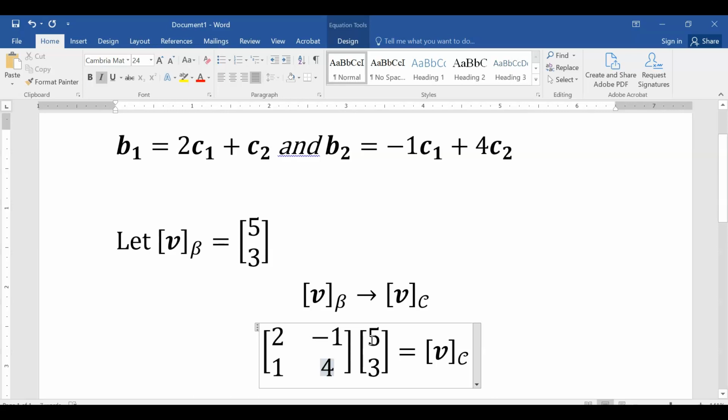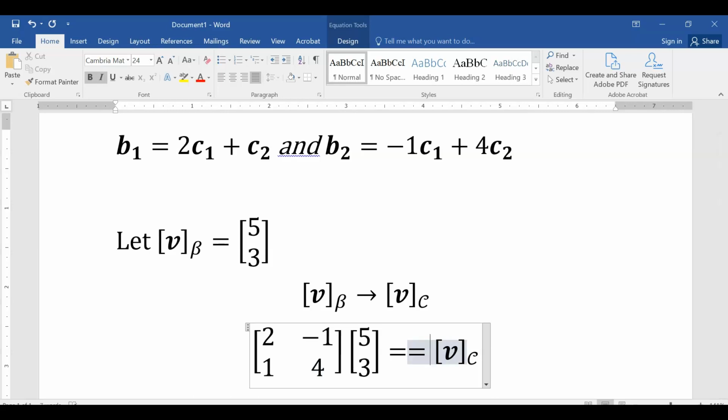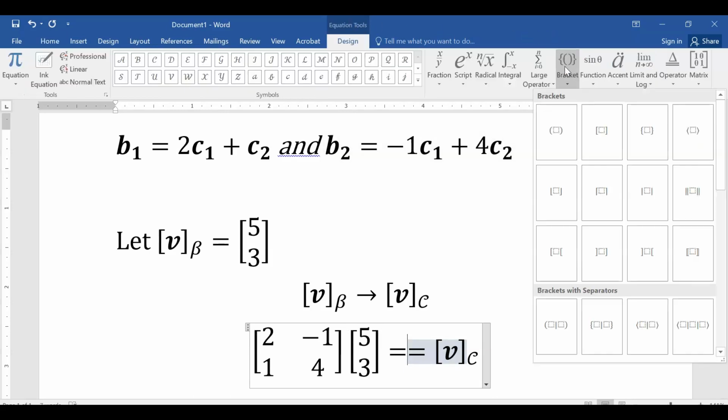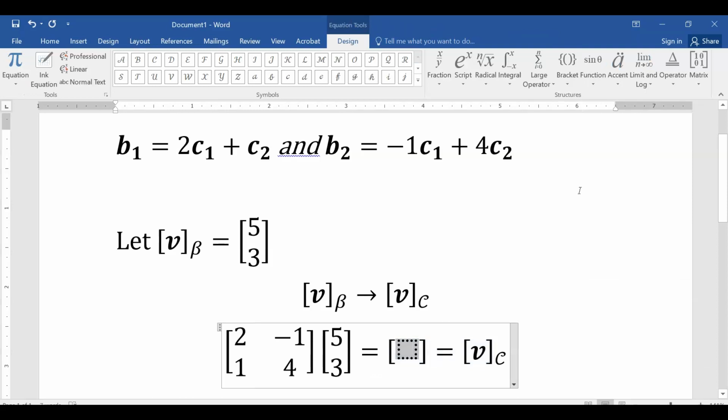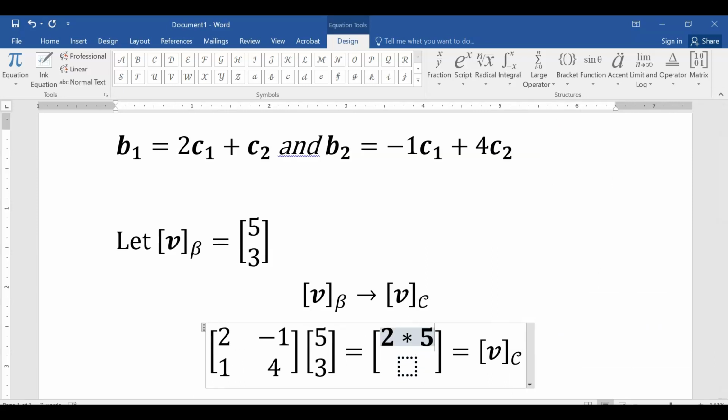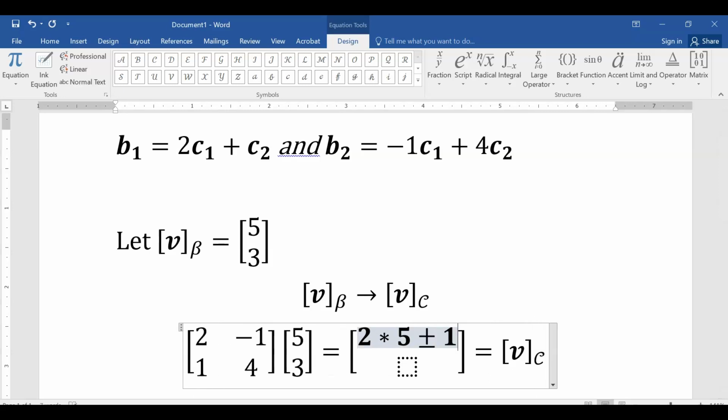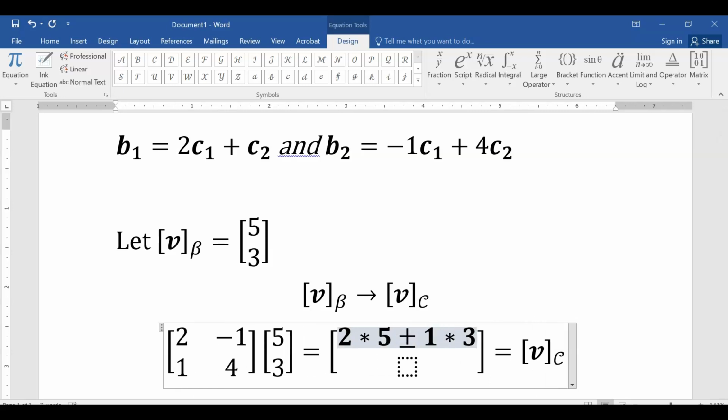2 times 5 plus -1 times 3 gives, in fact, gives me 7. So let's insert an actual vector here. So 2 times 5 plus -1 times 3.